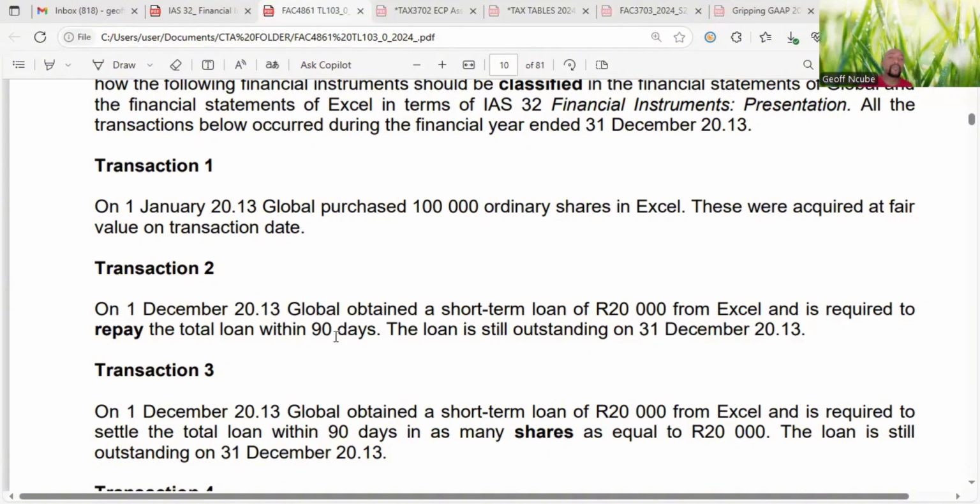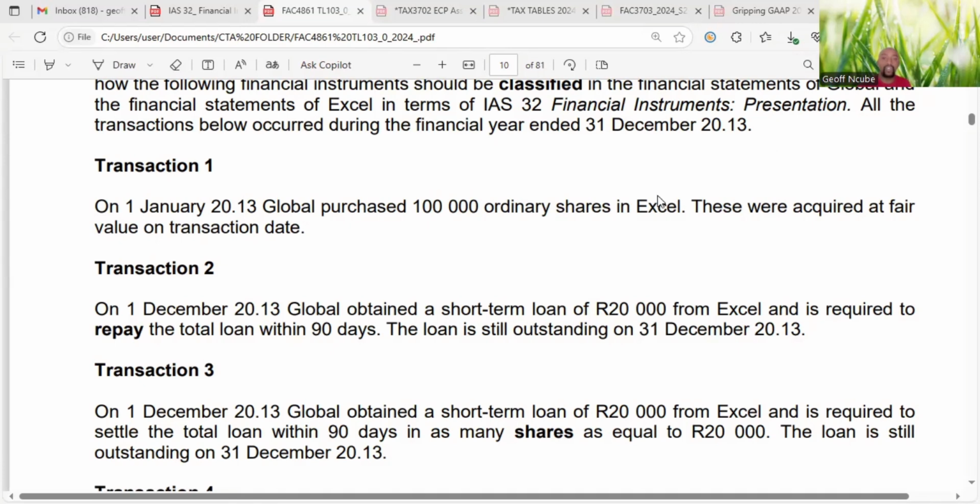But there was a time frame of 90 days. As you can see, one of the parties has a contractual obligation to deliver cash within 90 days. Excel gave out the money, and Global received it. So Global is supposed to return the money within 90 days. Therefore, Global is the one that has a contractual obligation to deliver the cash.